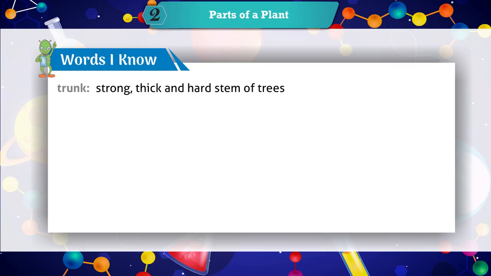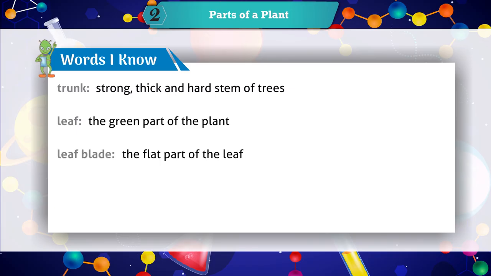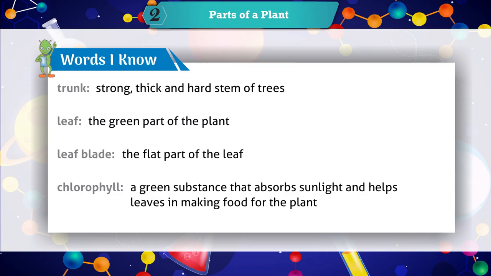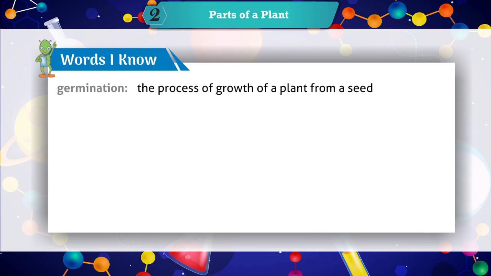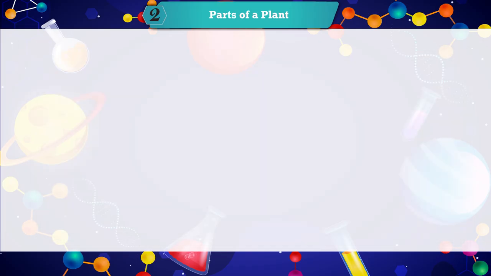Trunk, strong, thick and hard stem of trees. Leaf, the green part of the plant. Leaf blade, the flat part of the leaf. Chlorophyll, a green substance that absorbs sunlight and helps leaves in making food for the plant. Germination, the process of growth of a plant from a seed.